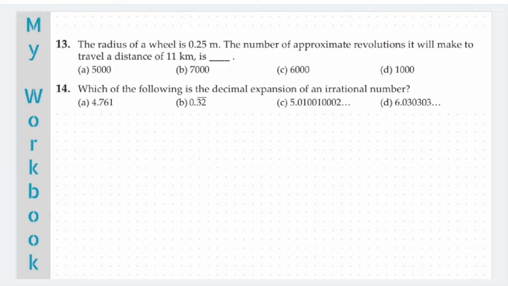Question number 13. The radius of a wheel is 0.25 meter. The number of approximate revolutions it will make to travel a distance of 11 kilometer is. Options are 5,000, 7,000, 6,000, 1,000. Next question. Which of the following is the decimal expansion of an irrational number?